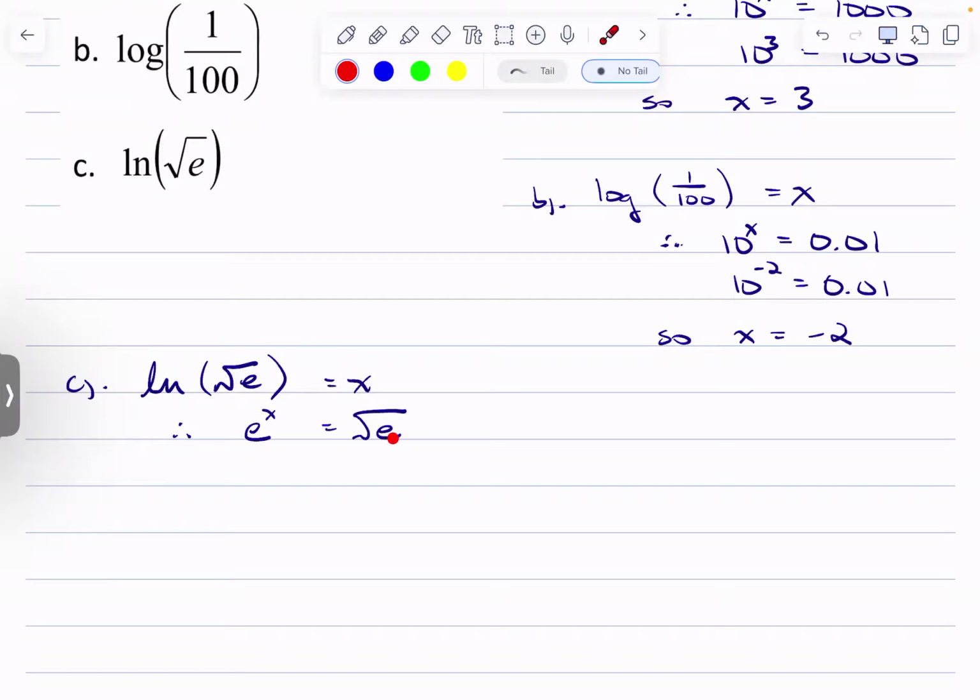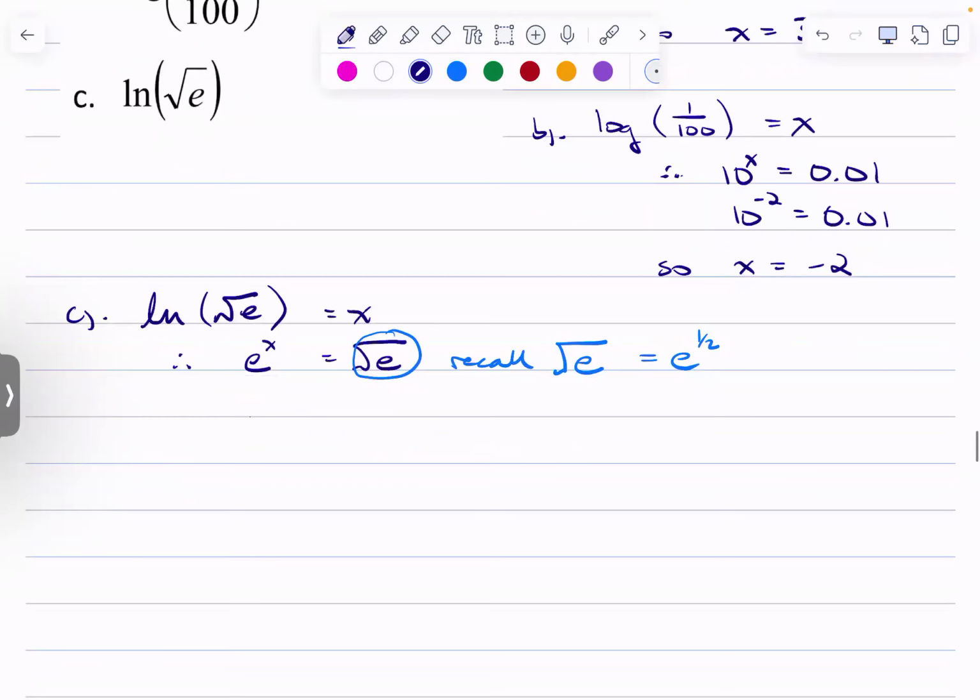Now, remember from the exponent laws that we introduced last week that the square root of e is the same as e to the 1/2. So e to the power of x must be e to the 1/2. By symmetry, x must be 1/2.